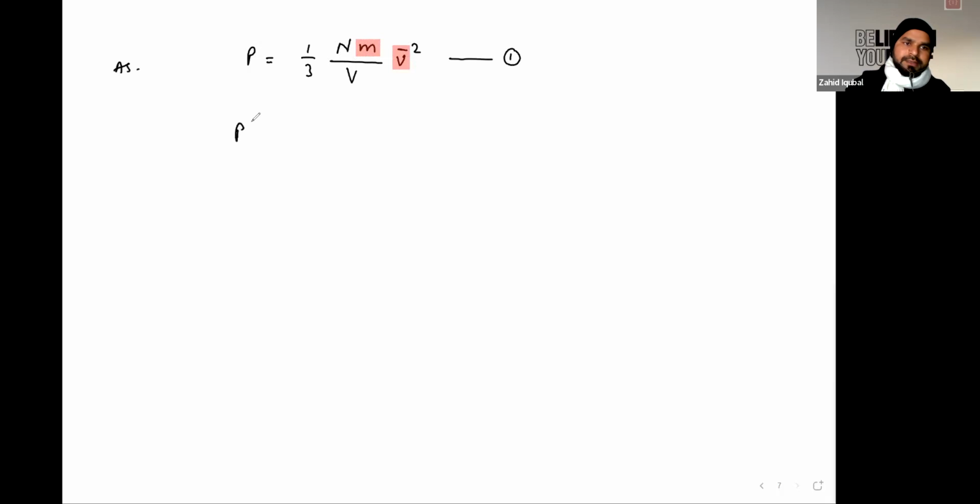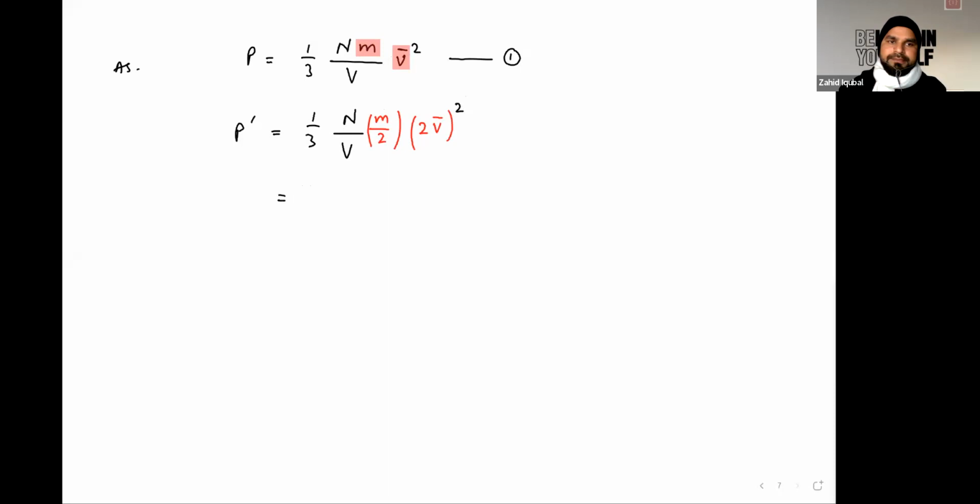In second part, P dash, we have to calculate: 1 by 3 remains same. Number of particles, volume remains same. Mass now becomes m by 2. And velocity becomes 2 times v, squared. Now just simplify it.